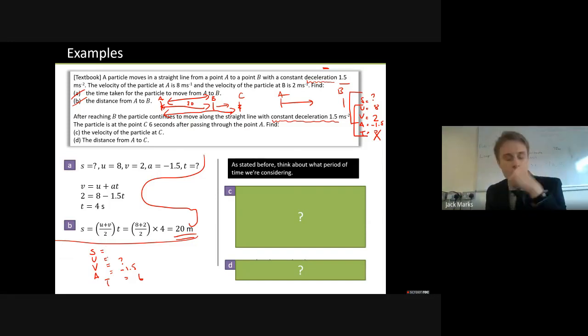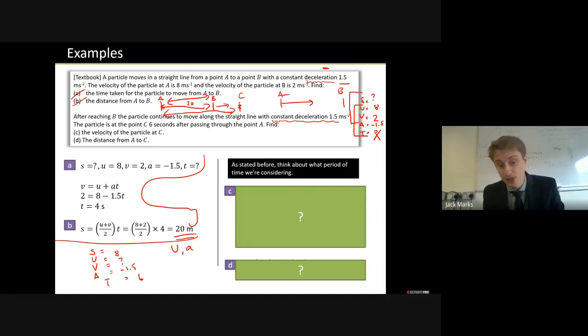Well, what about U? Can we use the same U from the part of the question from before? That was 8. The velocity of the particle at A is 8. If I talk about A to B and A to C, does the starting velocity change? No. It's just 8. And this is something that you're going to see as a consistent theme.